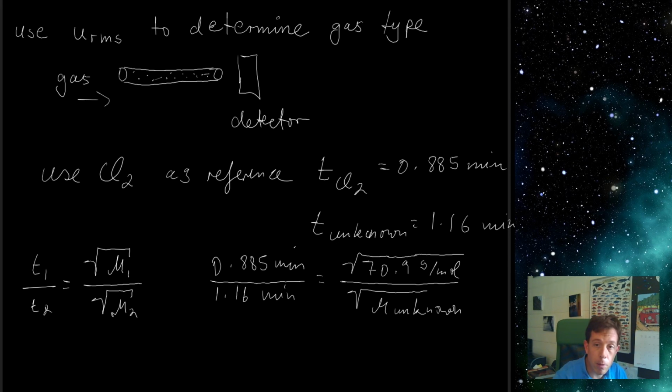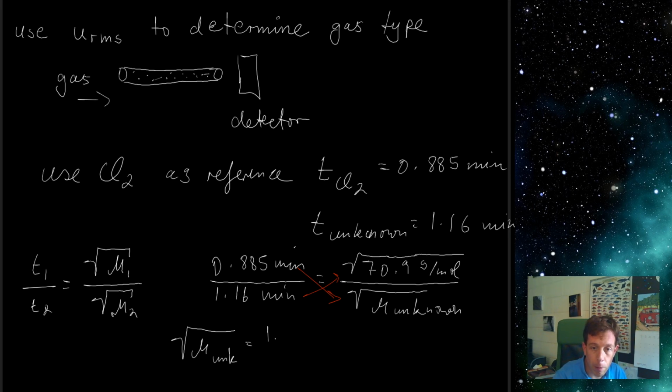And now all we can do is cross multiply and solve for the unknown. So we can solve for the square root of the molar mass of the unknown.